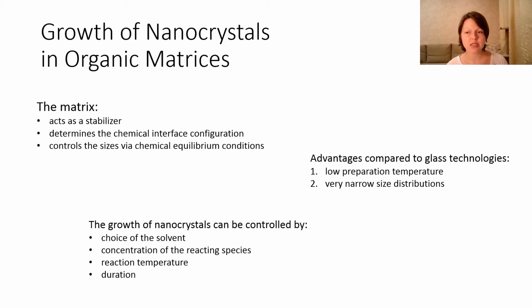Compared to glass technologies, this method has two advantages. First of all, it's low preparation temperature. Usually the preparation temperature in organic matrices is no more than 200 degrees Celsius. And second is the very narrow size distributions that we can obtain, with the deviation of the mean size less than 5%.